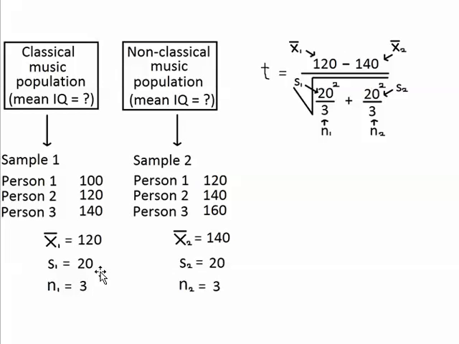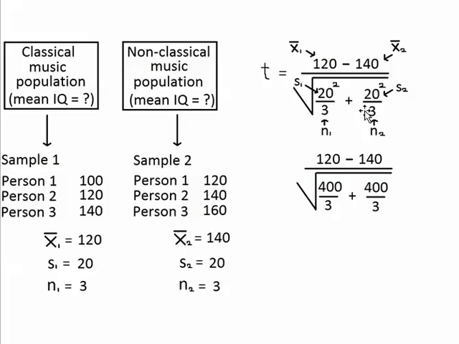I have to plug the 2 standard deviations on the bottom. Remember, this is the standard deviation of sample 1, which is this. This is the standard deviation of sample 2, which is this. And I have to plug in my 2 sample sizes. The size of sample 1 right here, the size of sample 2 right here. And I have to square my 2 standard deviations.